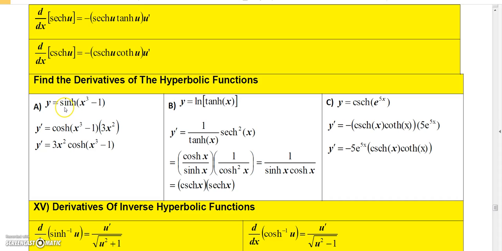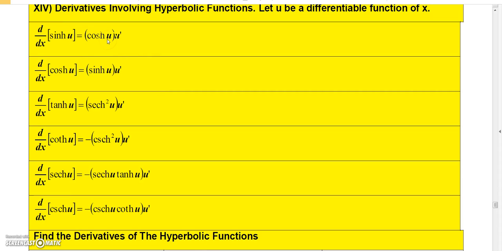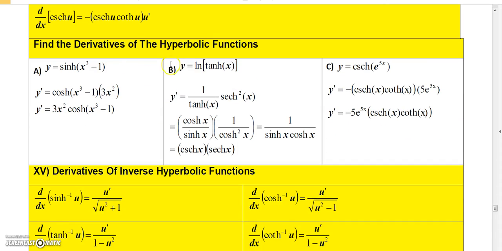So let's say I want to find the derivative of the hyperbolic sine of x cubed minus 1. Well, if you go back and look at the formula for hyperbolic sine of u, that's simply the hyperbolic cosine of u times u prime. So I would just have the hyperbolic cosine of the argument x cubed minus 1, and then I would multiply by the derivative of u, and u is just this argument x cubed minus 1.